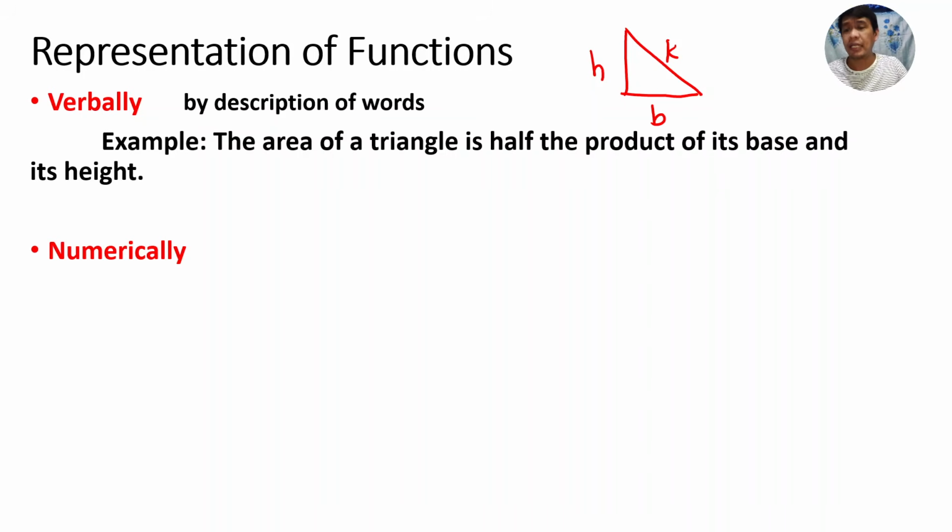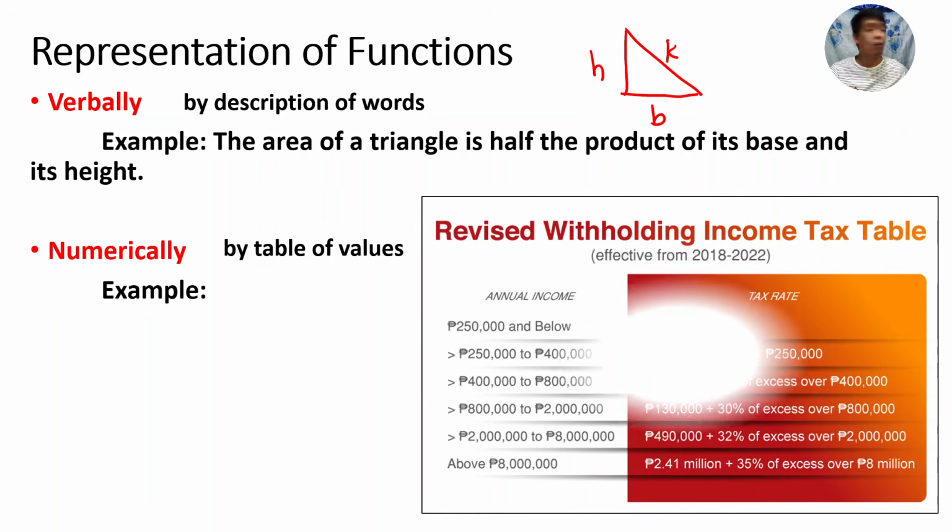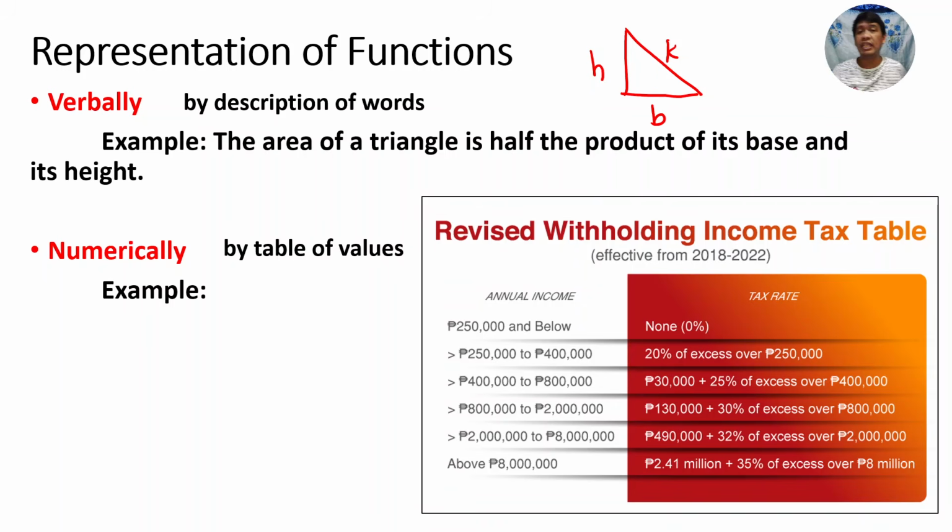Second, numerically. So, sa numerically, gagamit ako ng table of values. So, meron ako ditong example, which is the revised withholding income tax table, na-implement noong 2018. So sabi dito, lahat ng mga kumikita annually ng 250,000 and below, libre sa tax.